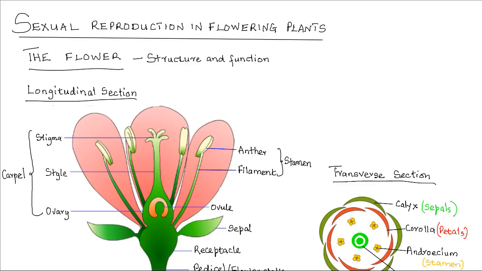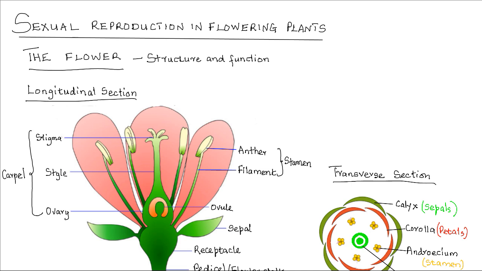Sexual reproduction in flowering plants. Now, one of the major adaptations of higher plants to live on land is sexual reproduction, through which seeds and fruits develop.